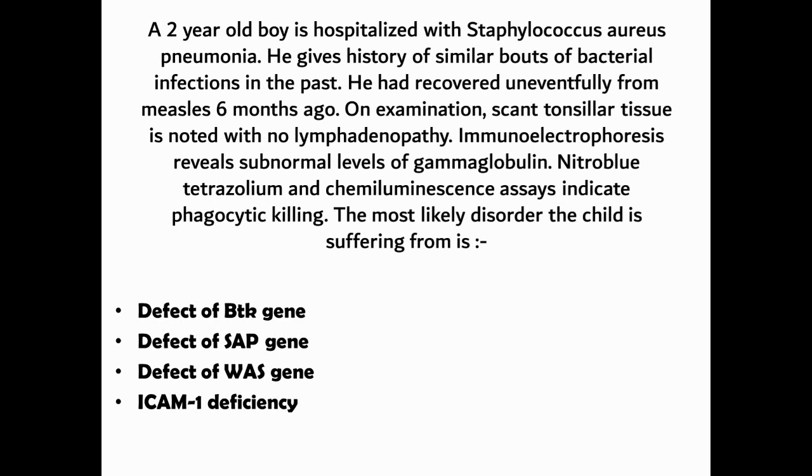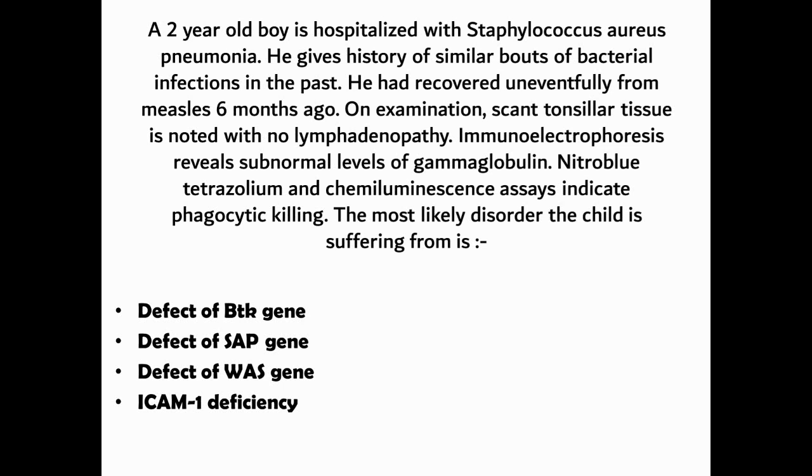Do you get any immunological condition in your mind looking at all of this? Bruton disease, right? That's all right if you didn't get the answer, but if you got the answer correctly, congratulations.